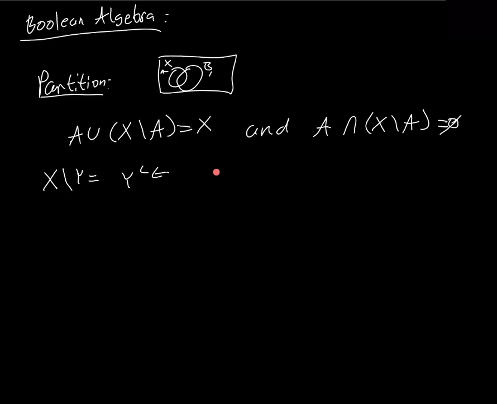So for example, let's say we've already established we're working in the real numbers, and I tell you the set (0, 1). Well, then our complement would be the set negative infinity to 0, union 1 to infinity. So complements will be useful once we get to De Morgan's.